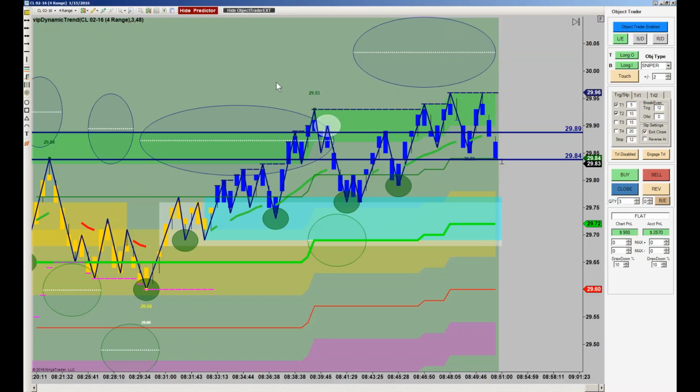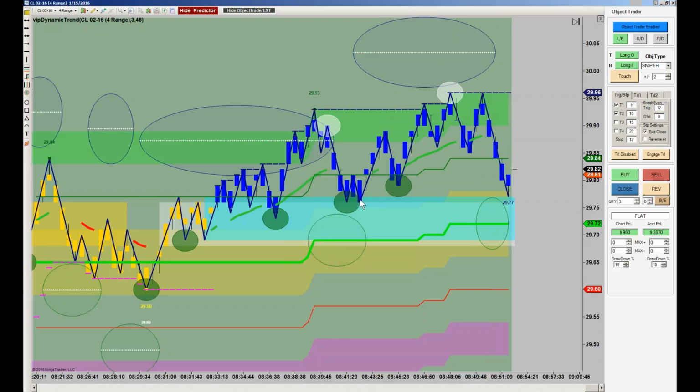Looks like we're going to get stopped out, and there we just did. Okay? That's really how easy it is to trade these like this. Now, I'm seeing something happening right here that I don't really particularly like, because look what's happening on the chart. That's your support right there for your medium swing, isn't it?